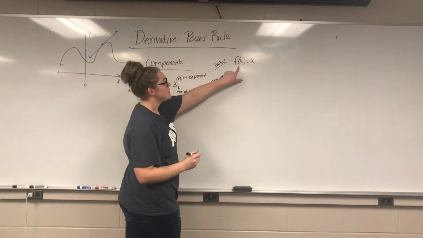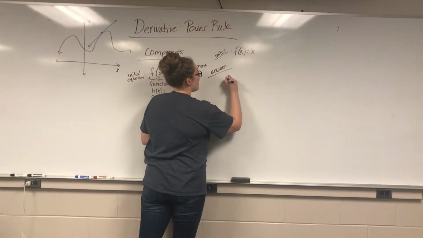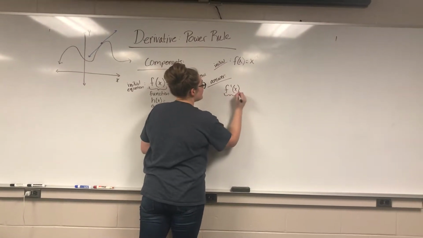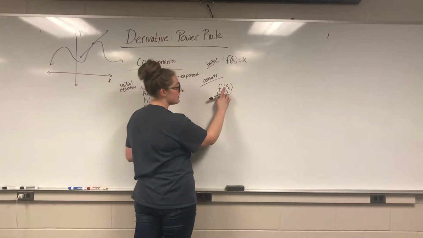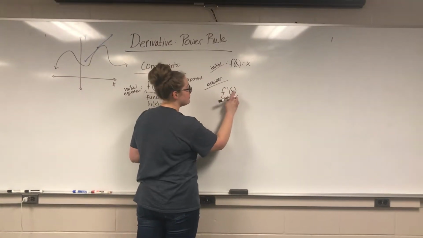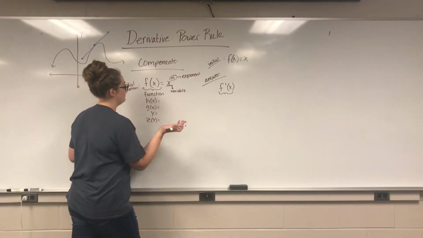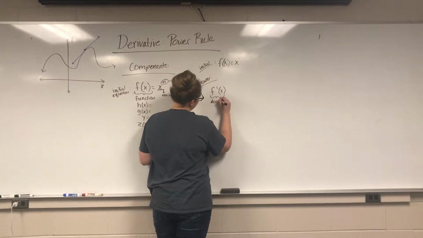All right, for our answer, instead of f of x, we're going to say f prime of x. This means derivative, that's all. When there's a prime, there's a little apostrophe between the letter and of x, or after y, it would be y prime. That just means derivative, nothing else.